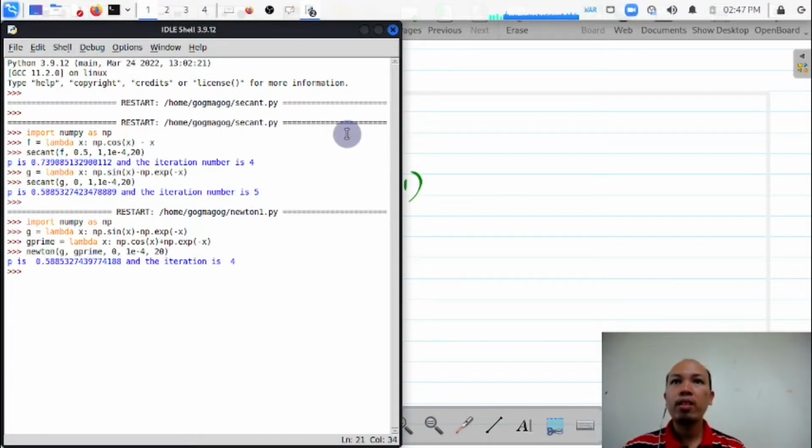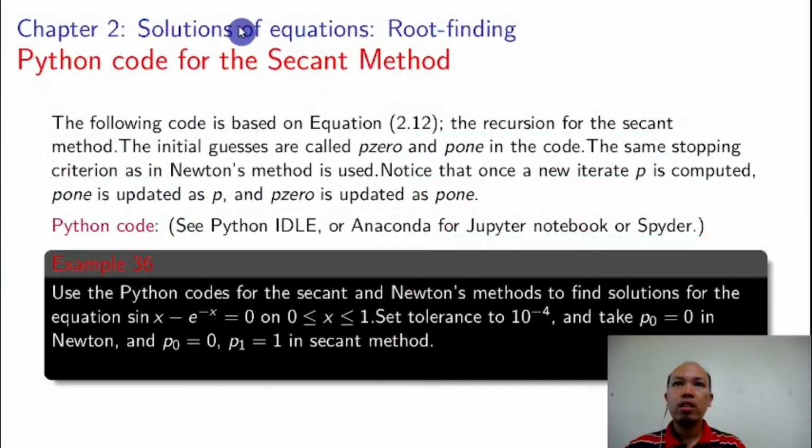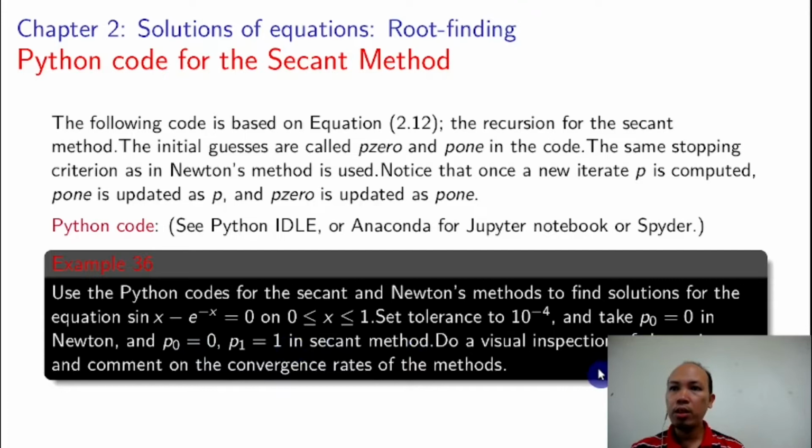Okay, so let's answer F1. Let's go to our PDF. Okay, using the Python codes for the secant and Newton's method to find solutions, set tolerance, and then do a visual inspection of the estimates and comment on the convergence rates of the methods.